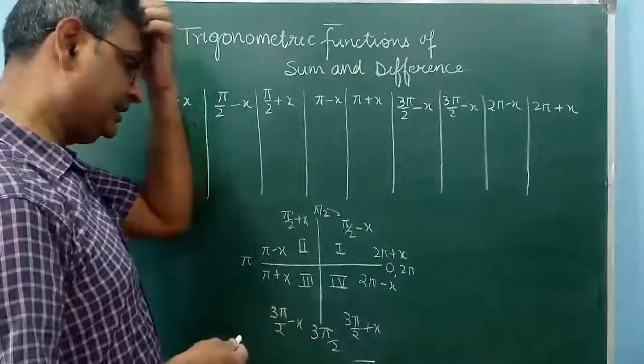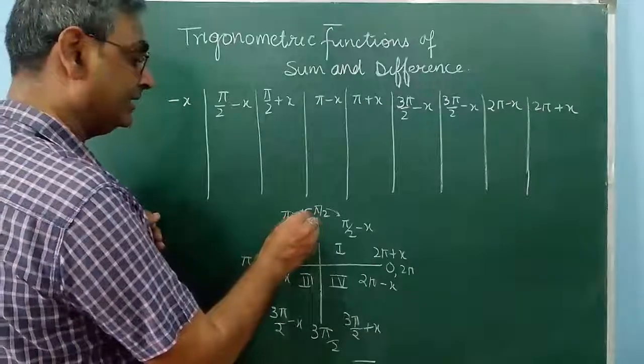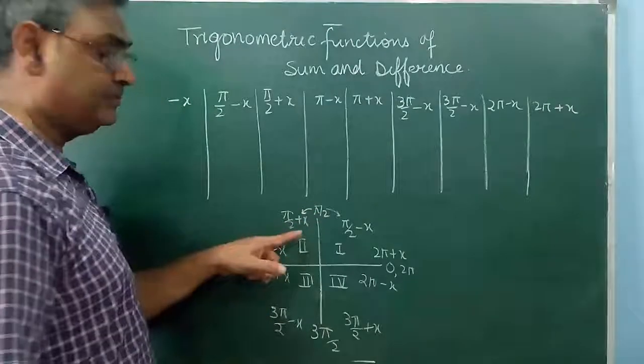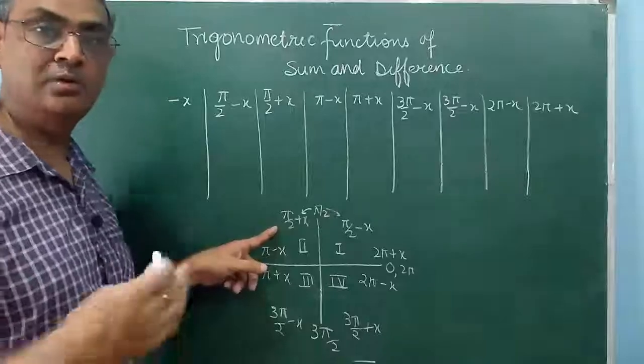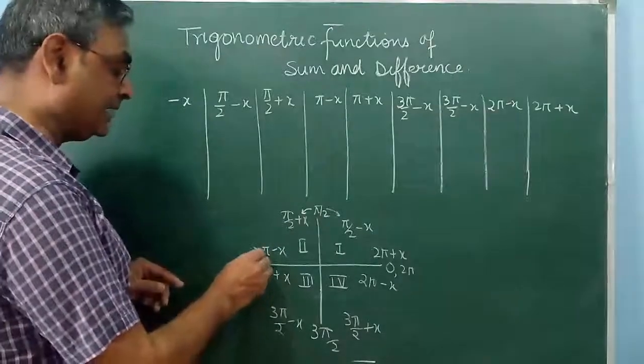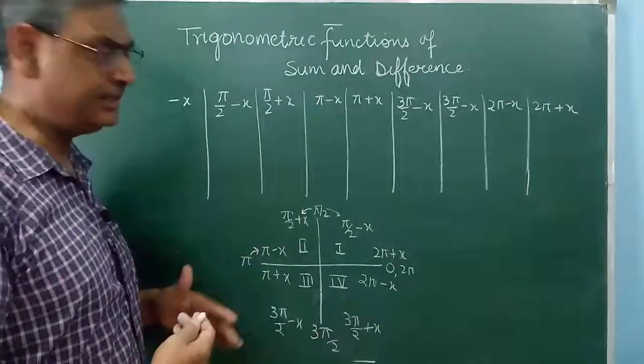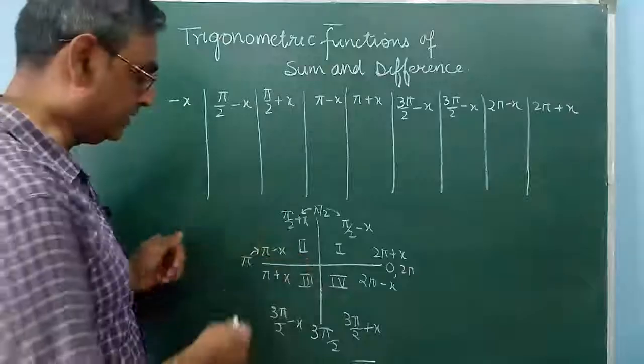Something less than 90 degree is in the first quadrant, and more than 90 degree, pi by 2 plus x, will take you in the second quadrant, more than 90. Likewise, less than pi, less than 180, is pi minus x: you subtract something from 180, it will be in the second quadrant.